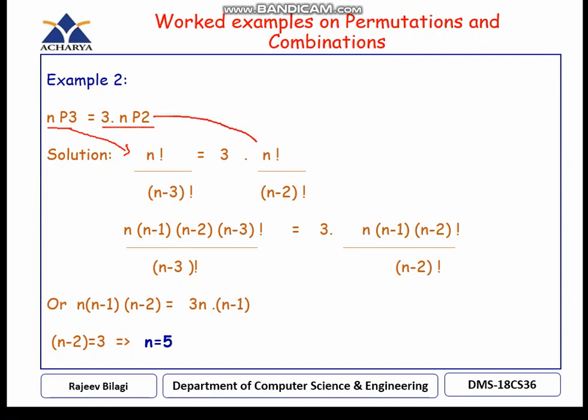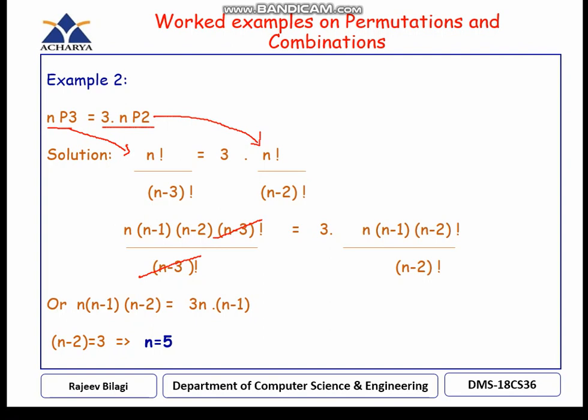Then nP2 is n factorial divided by (n minus 2) factorial. So this n factorial divided by (n minus 3) factorial, I can write as n into (n minus 1), (n minus 2), (n minus 3) factorial divided by (n minus 3) factorial. So this will get cancelled, and I am left with n into bracket n minus 1, n minus 2.